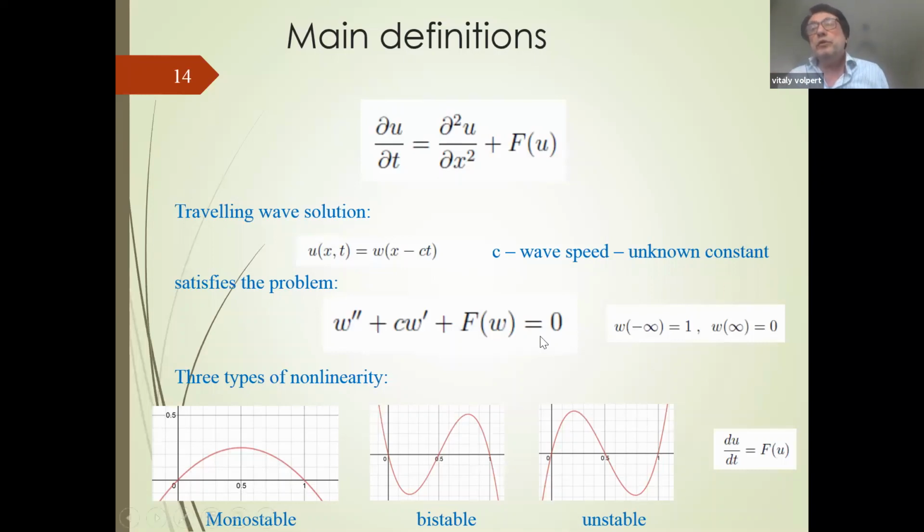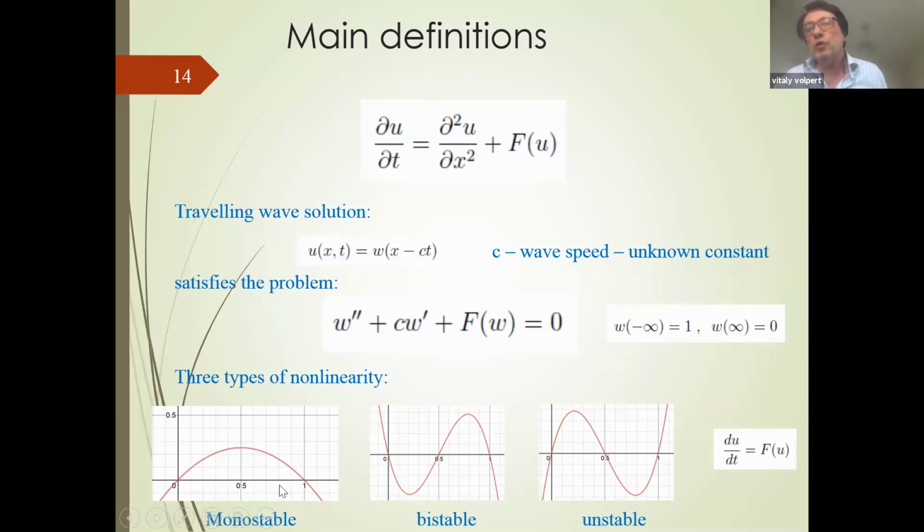The solution of this problem depends on the form of the nonlinearity. Some typical examples are shown at the bottom, often called the monostable or bistable case. Why this terminology? Because if you consider the equation written at the bottom right, du/dt equals f(u), and consider the stability of the stationary points u equals 0 or u equals 1, you can easily see, for example, that here u equals 0 is unstable and u equals 1 is stable.